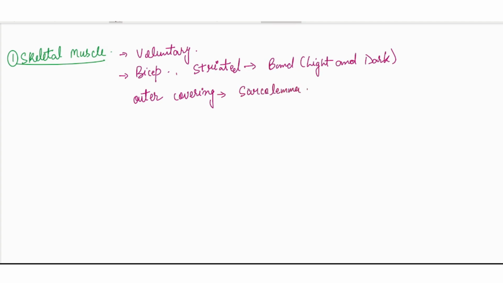Okay, and then what is the next important term? They are multinucleated. What is the meaning of multinucleated? It means inside one cell many nuclei are present, multiple nuclei, not one or two, more than two. So we call it multinucleated, right?